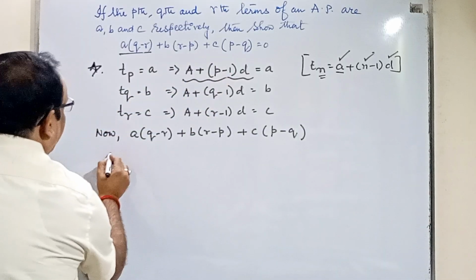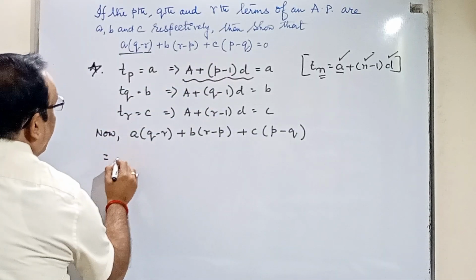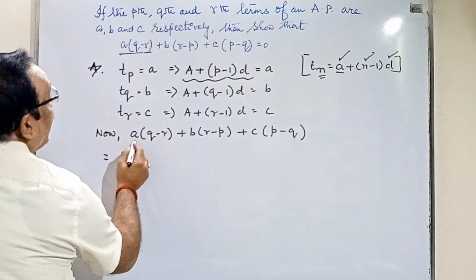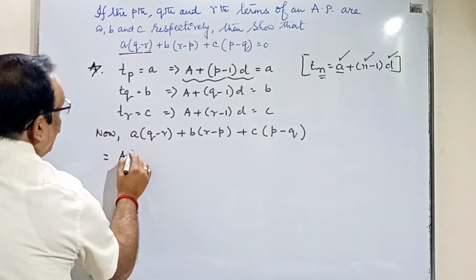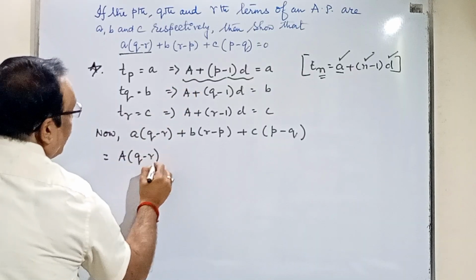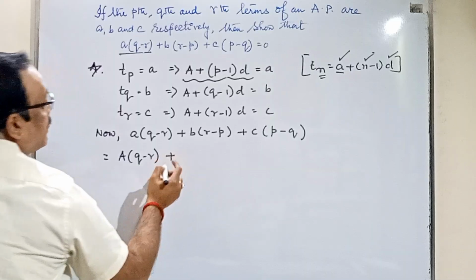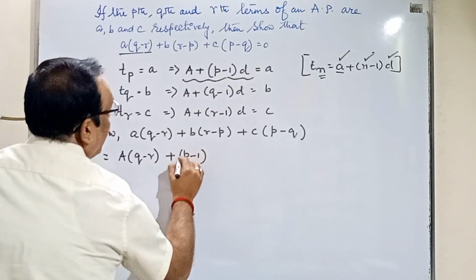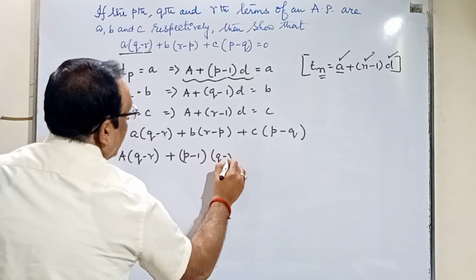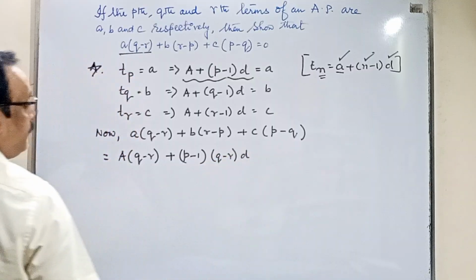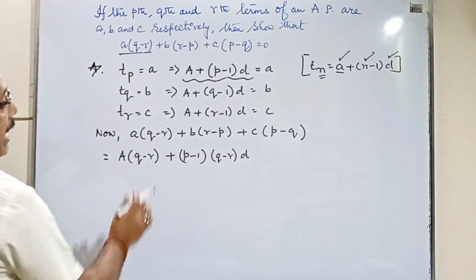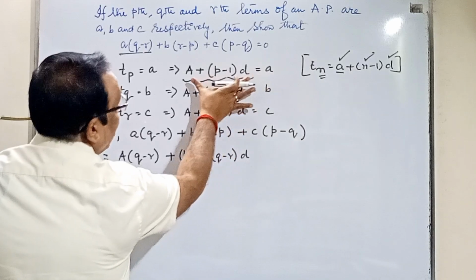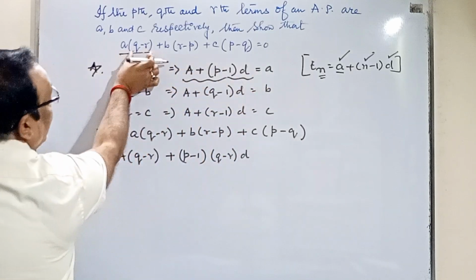So we can write this as A into (Q minus R), which I have written separately, plus (P minus 1) into (Q minus R) D. This entire expression is A, and with this I am multiplying (Q minus R).